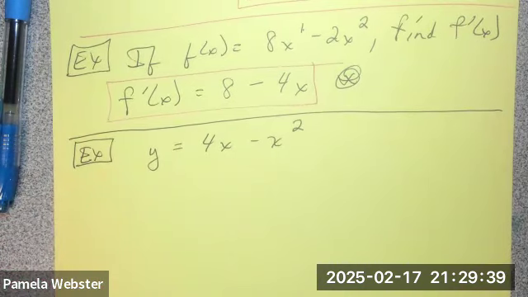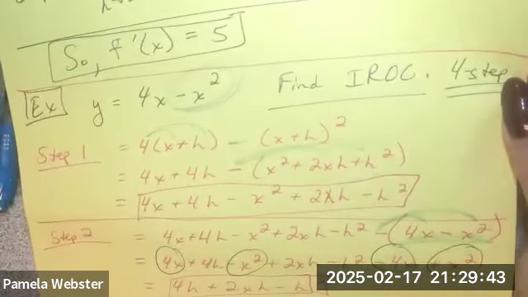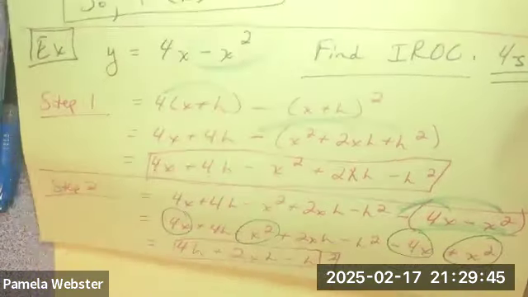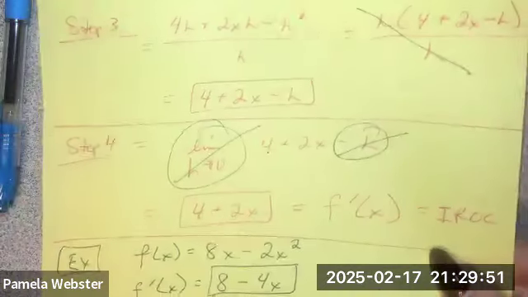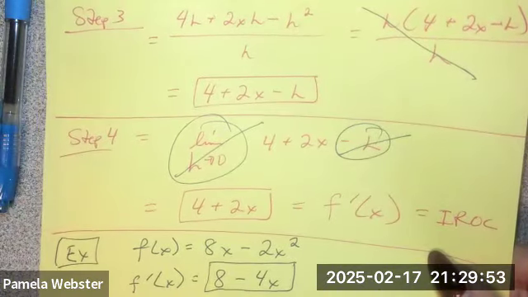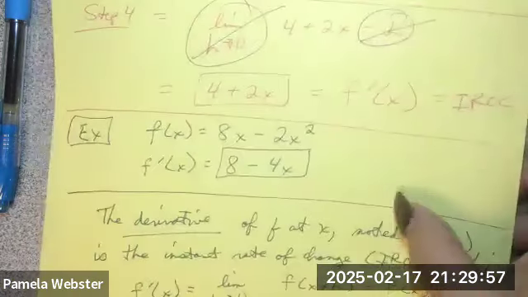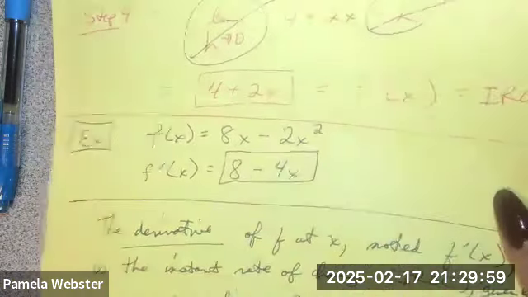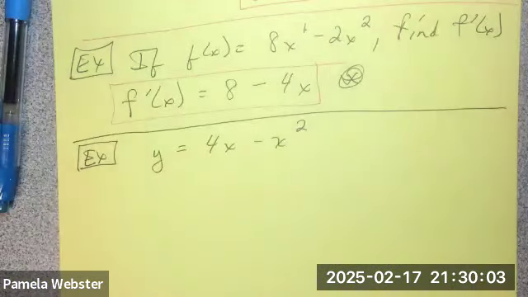And just as a reminder, we used the 4-step process. Find IROC. We did all this stuff. It took us a long time. Step 3, step 4, and we finally ended up with 4 plus 2x. Okay, there's where we did the other one by hand, but I sent that one for you to do on your own. Okay, so 4 plus 2x.